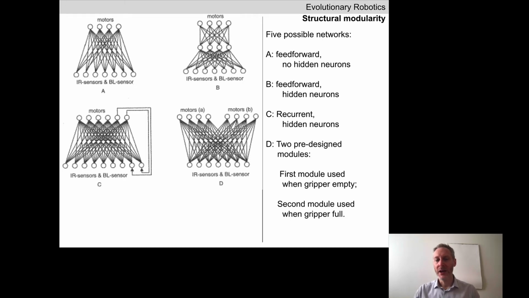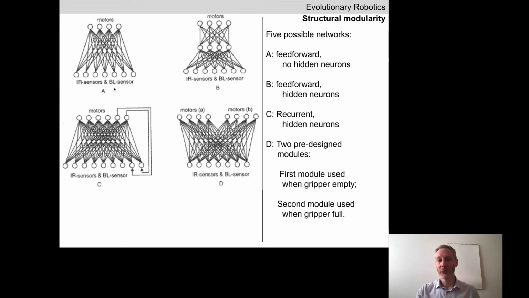So network B would allow the robot to perform a nonlinear transformation of its sensor values into motor neuron values. Whether or not nonlinear transformations of sensation into action is useful, we don't know whether that's useful in this task.